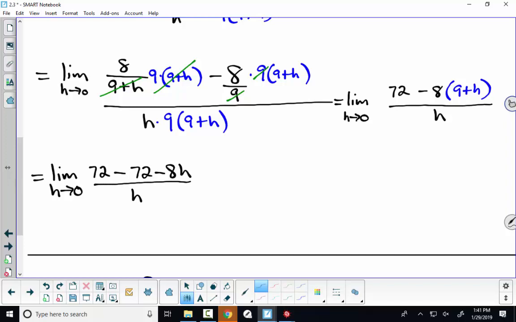So we have 72 minus 72, that's gone. Gives us the limit as h goes to 0 of minus 8h over h. Does that look all right?